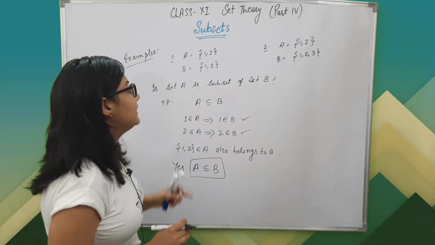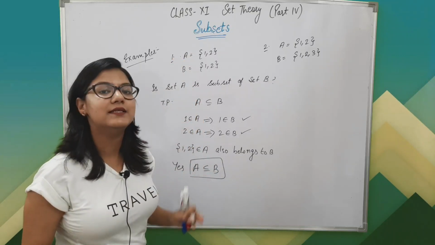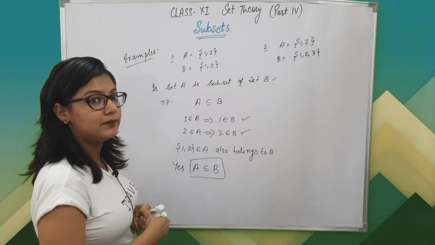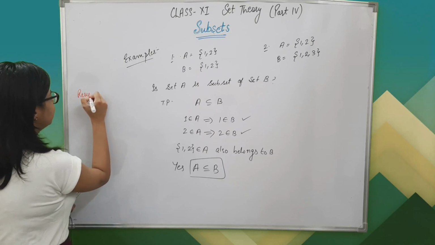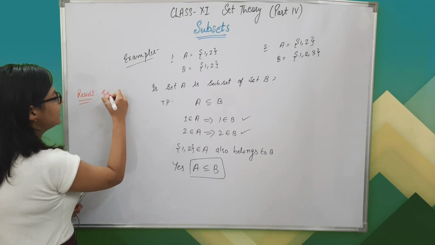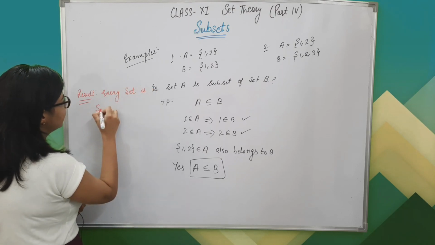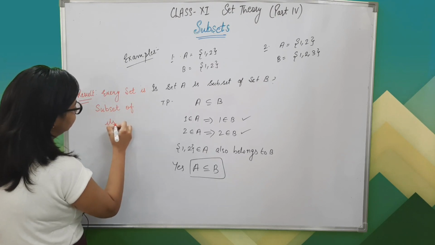Clear? And here what you have to notice is that your A and B, both the sets, are the same, right? So from this example, we can also derive one result. What is the result? That every set is a subset of itself.